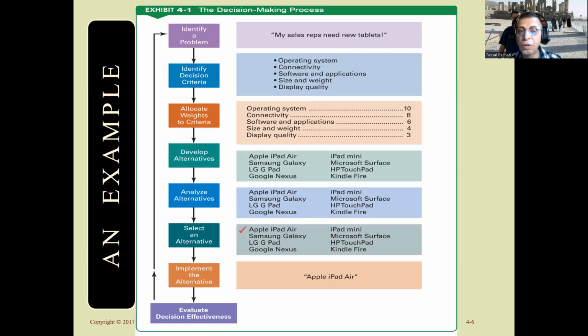Then we allocate the weight of the criteria. What's the most important, what's the least important, and how we add them together. So operating system, we give 10. Connectivity 8, software and application say 6, size and weight is 4, and display quality is 3. You add them together and then cross-check them with the developed alternatives: how much you can give Apple iPad Air out of 10 for operating system, for example.